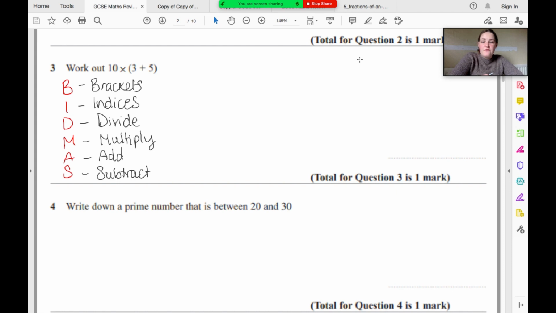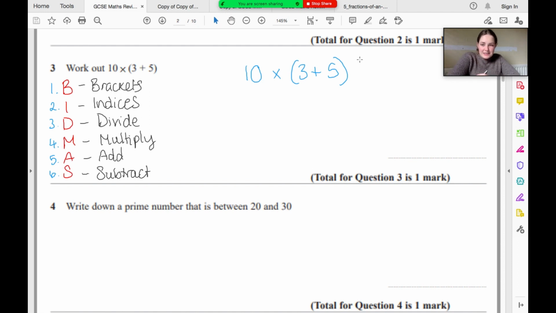So that means that the first thing that you have to do, you have to do it in order. So this is like step 1, step 2, step 3, step 4, step 5, and step 6. Step 1 would be to work out anything in brackets. So our question, I'll write it out again just here, has got brackets in it. If it didn't have brackets in it, you'd just ignore that part and move on to the next part.